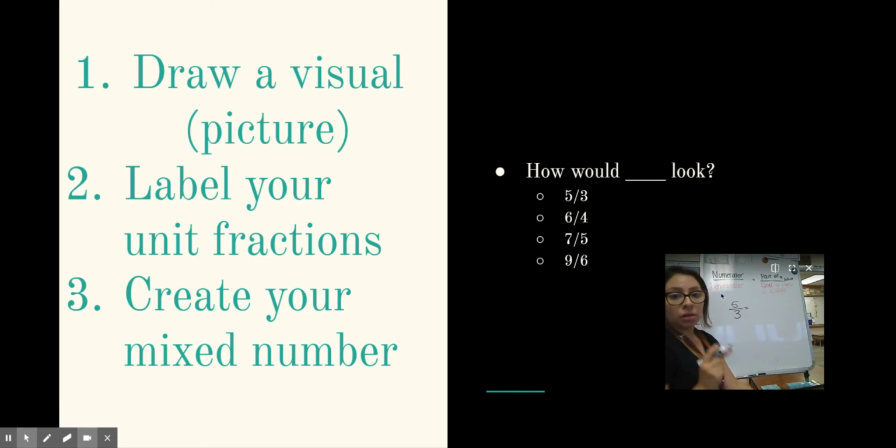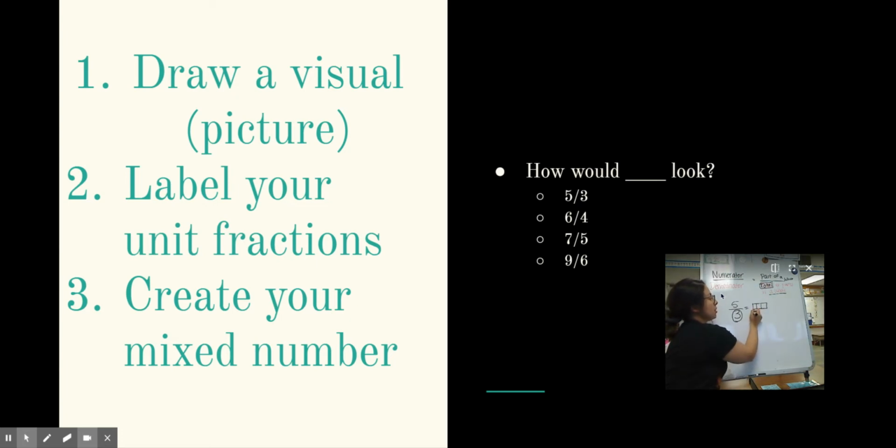So 5/3, you need to draw a picture. How many total parts are in a whole? That's always the first question. Always look for your denominator, because that is the total parts in a whole. So I'm going to draw my 3 parts: 1, 2, 3.